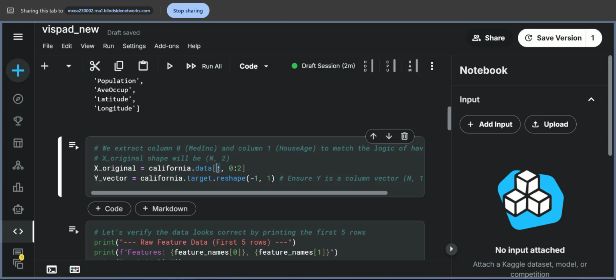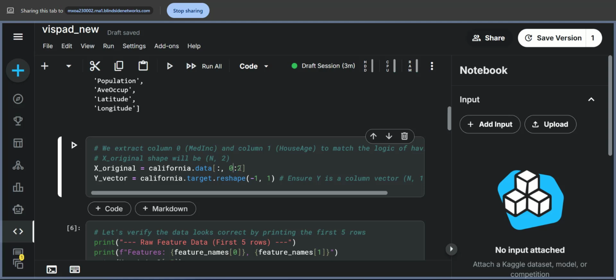Here is the row, and here is the column, right? So we are using the slicing method. We say California.data, and then the colon without any start and finish. This means that we are going to access all the rows, or all the entries, for the California data set. And then here we are going to access a slicing of 0 and 2.